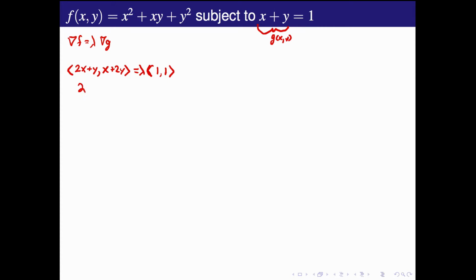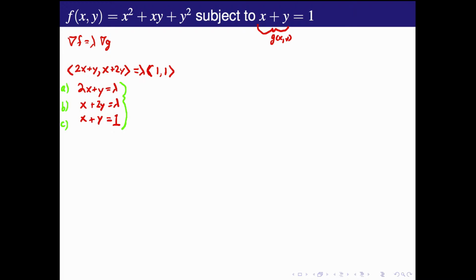So this is 2x plus y equals lambda, x plus 2y equals lambda as well, and the third equation we have is just the constraint equation, x plus y equals 1. Again, put a bracket to the right of these to indicate that you want to solve them simultaneously. Let's call these equations A, B, and C.